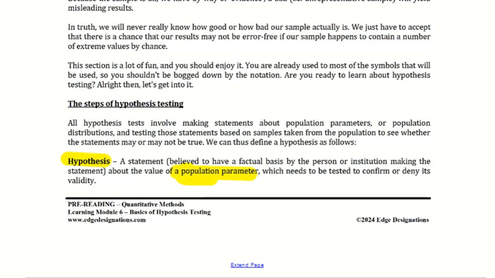The whole population. But remember, I don't have the whole population in front of me. I'm working with a sample, which needs to be tested to confirm or deny its validity. Because if I had the whole population, I wouldn't need to make any statements or any kind of test, because I would have the whole population.